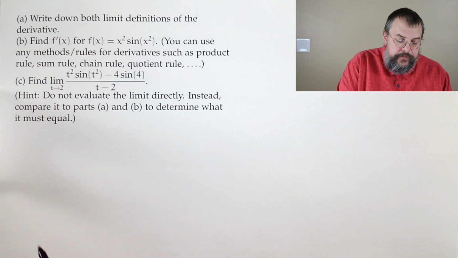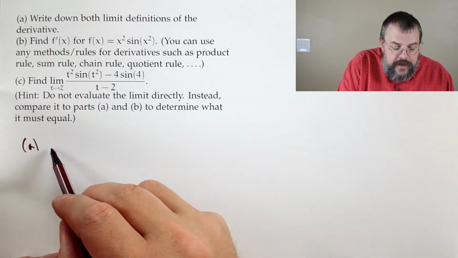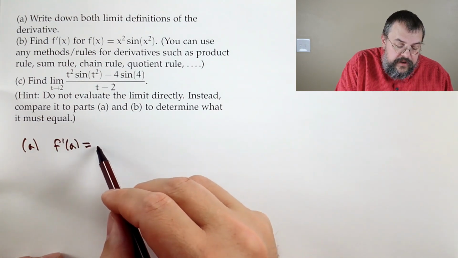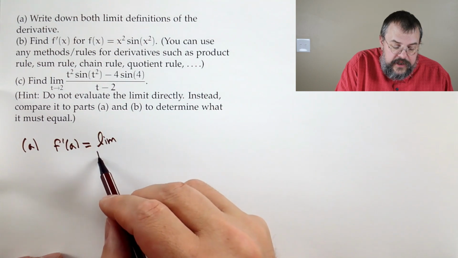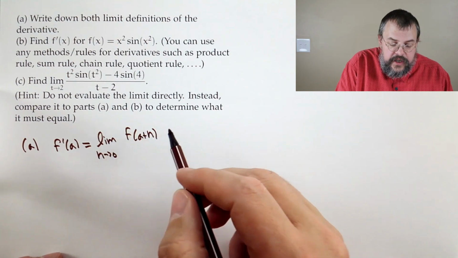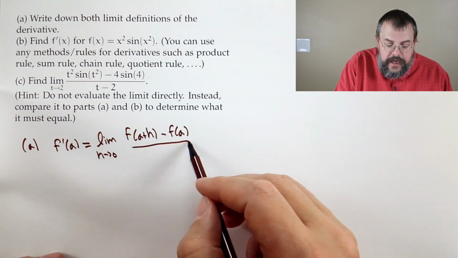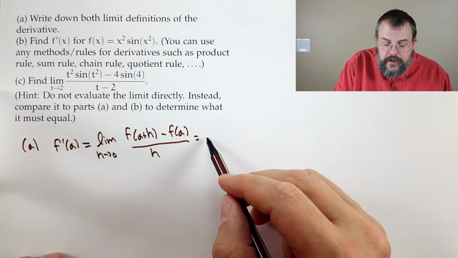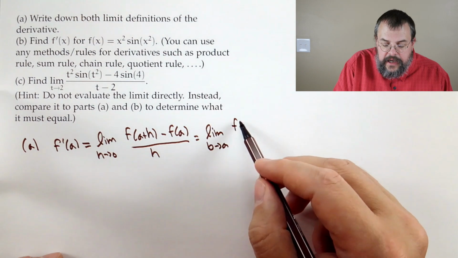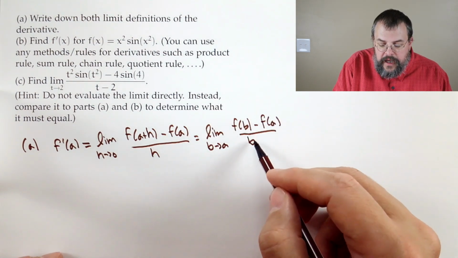Well, for part A, we could say that f prime of a, because that's the derivative, is the limit as h goes to 0 of f of a plus h minus f of a all over h. Or you could say it's the limit as b goes to a of f of b minus f of a all over b minus a.